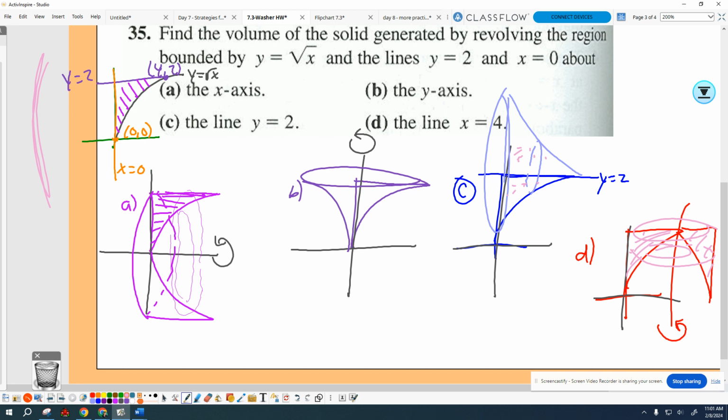I would answer, because one of them is on the other center. Which one? A and C. What do you mean? If I make a shape like that, the volume of a shape like a cone is not the same.